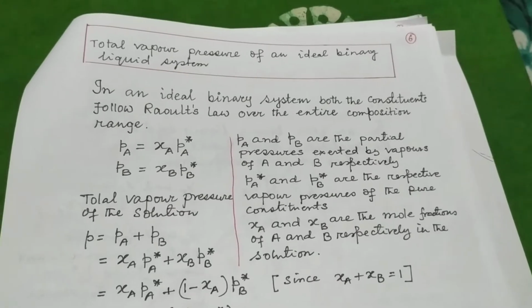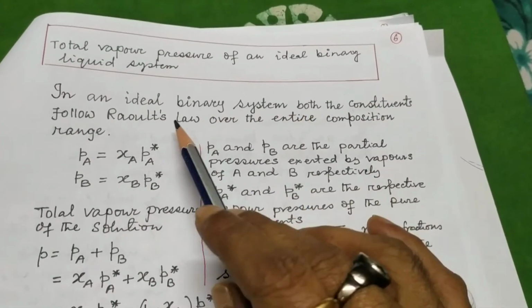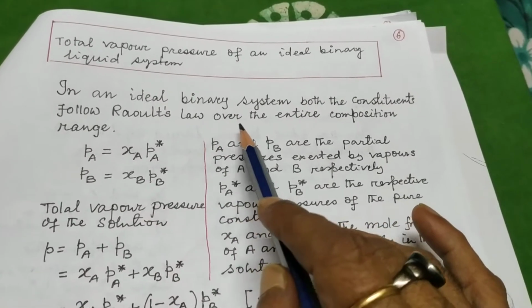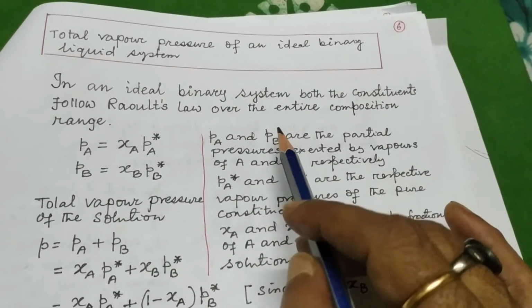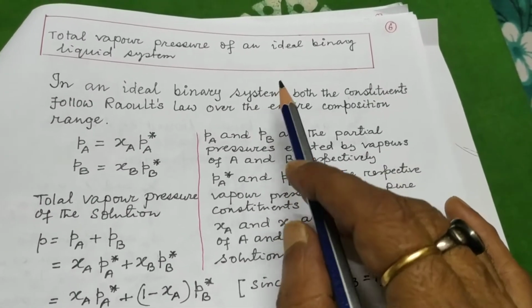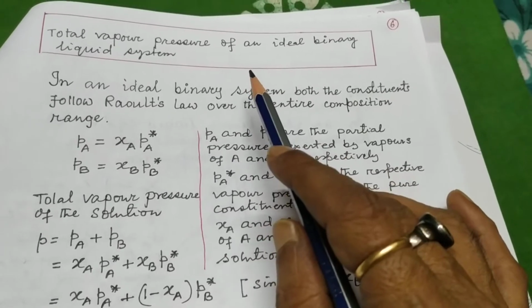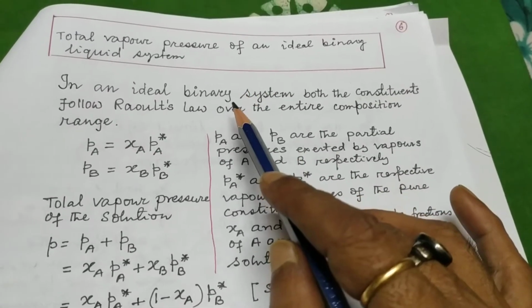Now, in an ideal binary system, both the constituents follow Raoult's law over the entire range of composition. Now, if we consider an ideal binary liquid system of A and B, so A and B are the constituents.